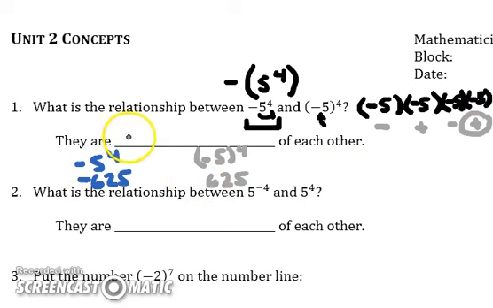On this line, you should have that they are opposites of each other. If you wrote negatives of each other, that's the idea. The vocabulary word we're looking for is opposites. One is going to be negative, the other is going to be positive in this case.